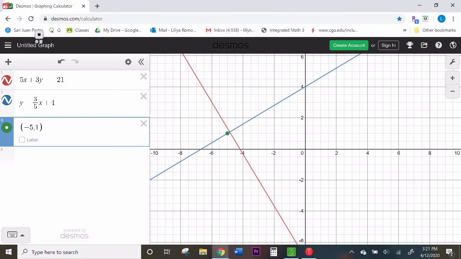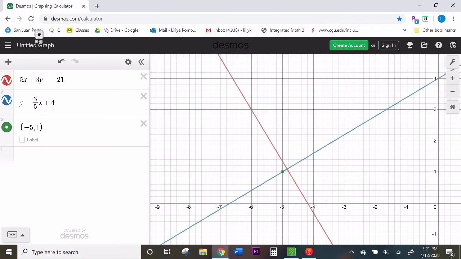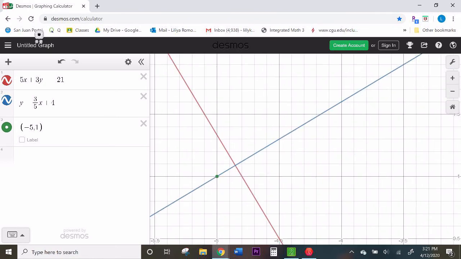And now this intersection, because they are perpendicular, we know for sure 100% that this intersection between the red and the blue line, they meet at a 90-degree angle. So that's part of the definition of being perpendicular lines, that they meet at 90 degrees. But in this question, it's just asking us for the equation of the line. So here it is. And let's go back.